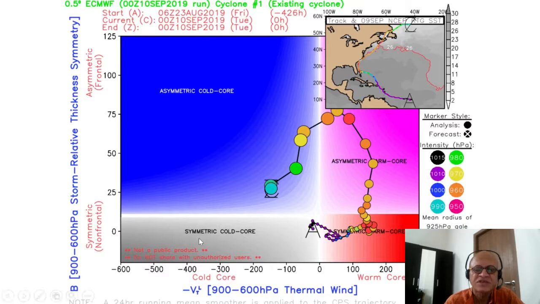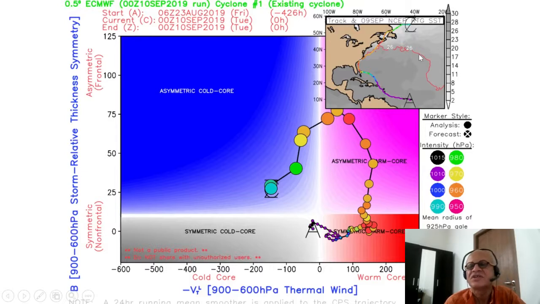And we have seen these cyclone phase space diagrams showing here the storm relative thickness symmetry, so 900 to 600 hectopascal, symmetric and asymmetric front.